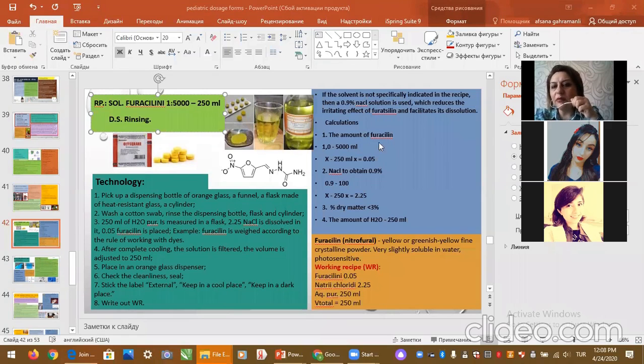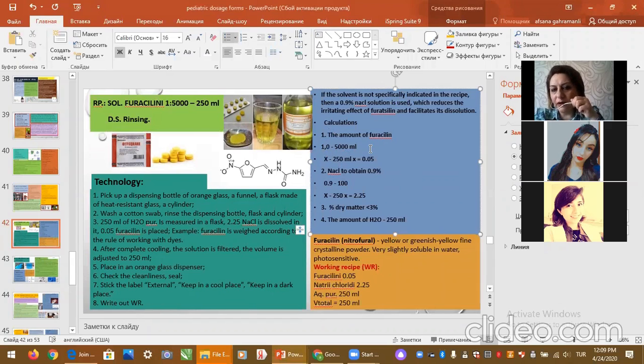For this, the amount of furacelinum, if 1 in 5,000, how we calculate the dosage? If we have this proportion, 1 in 5,000, how many must be in 250 milli? And so we calculate that it must be 0.05 gram furacelinum.